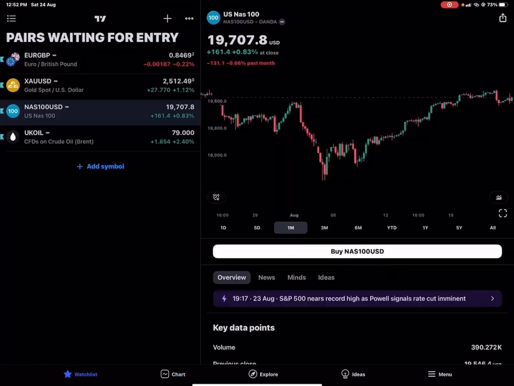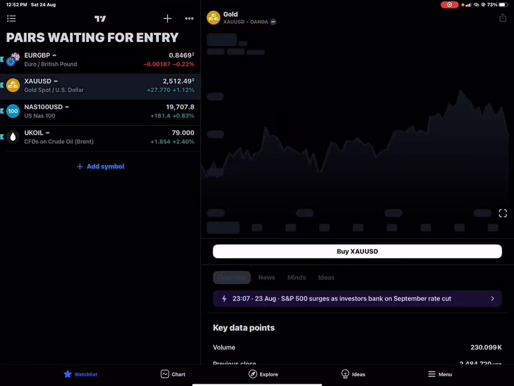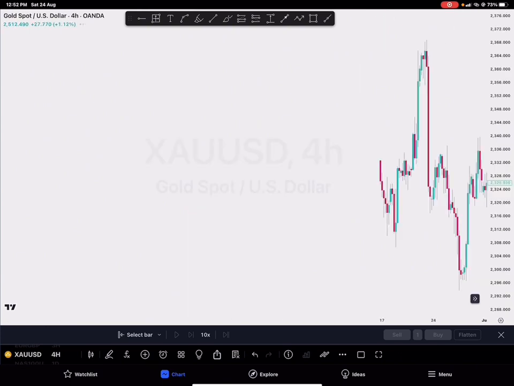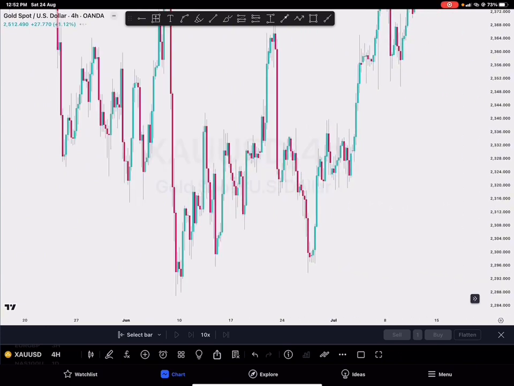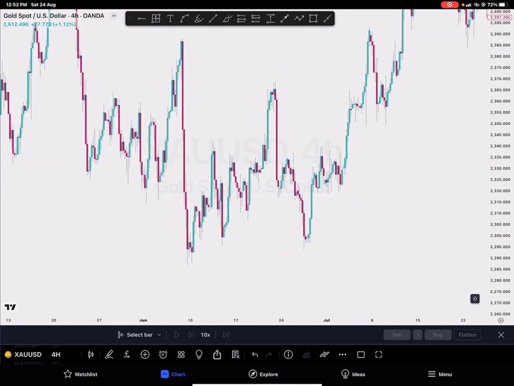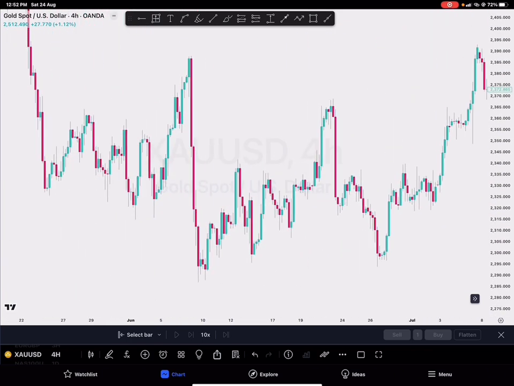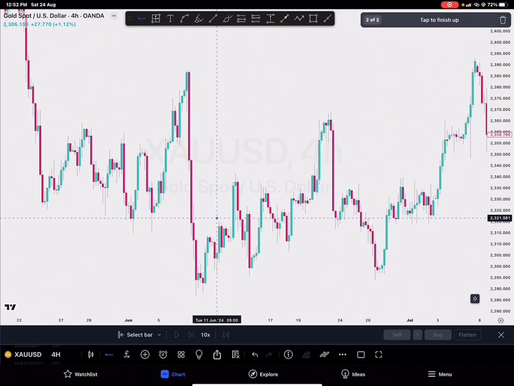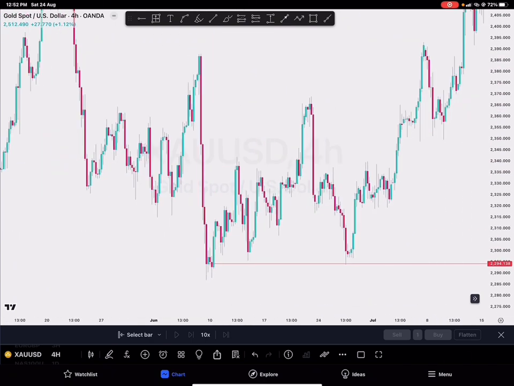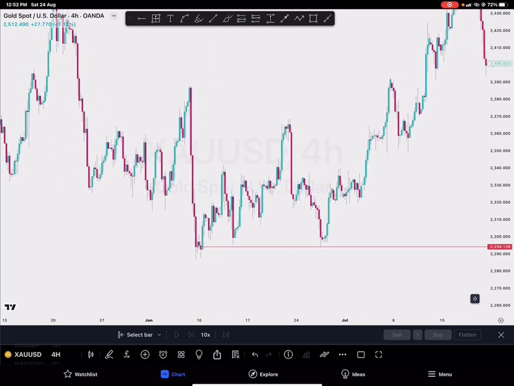So let's look for more examples of the normal liquidity engineering on the lower time frame. We also have this on gold. From this level here, it acted as a higher time frame normal liquidity engineering.